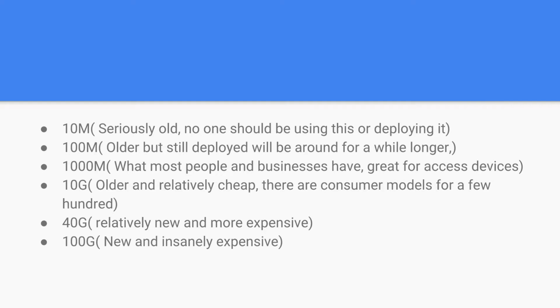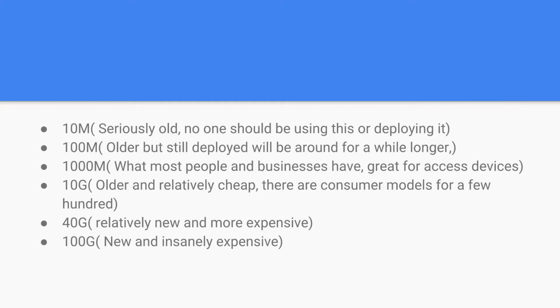So, for example, you would bond 10 gigabit Ethernet ports, or something I've seen a lot is where people would bond a couple of 40 gigabit ports to get 80 gigabits out of it.